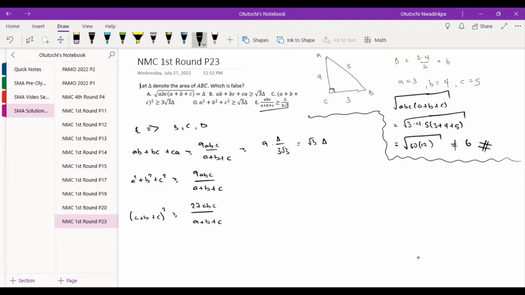In the same vein, this is greater than or equal to 9 times delta over 3 root 3, which is root 3 delta, which is what we wanted. And this is greater than or equal to 27 times delta over 3 root 3, which is equal to 3 root 3 delta, which is what we wanted. But first, I'll have to show that these three are true.